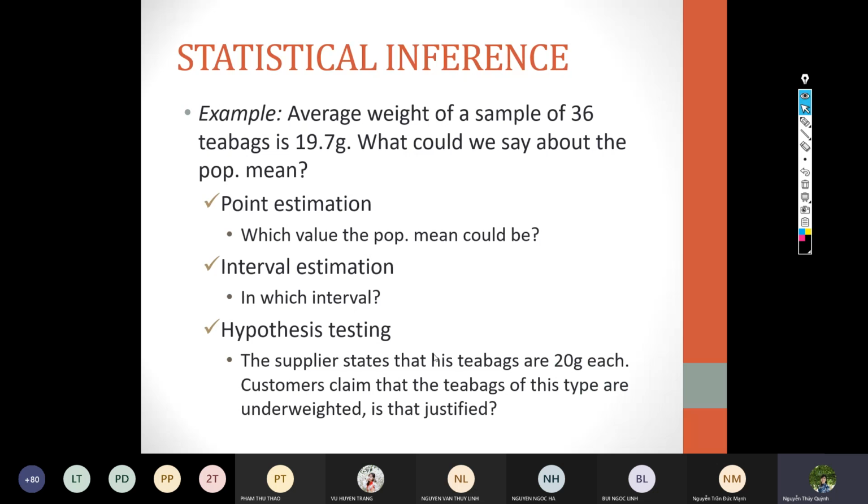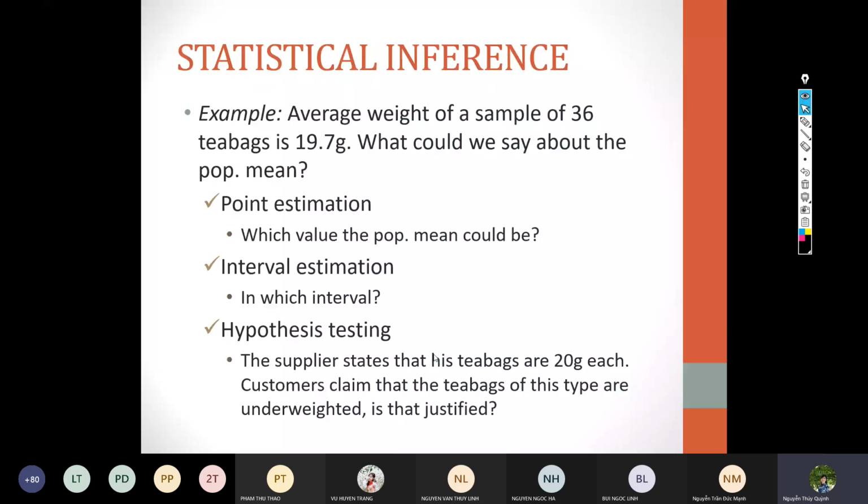And another task of statistical inference is hypothesis testing. A hypothesis is usually our doubt or our belief about a characteristic of the population, for example, in this case the population mean. So the supplier or the company states that the tea bags have an average weight of 20 grams.